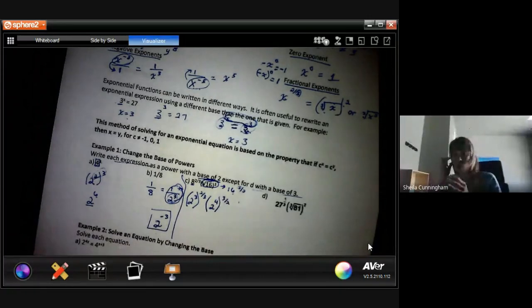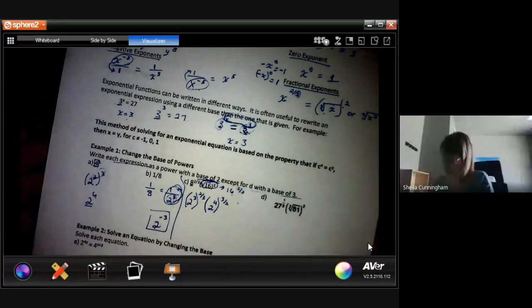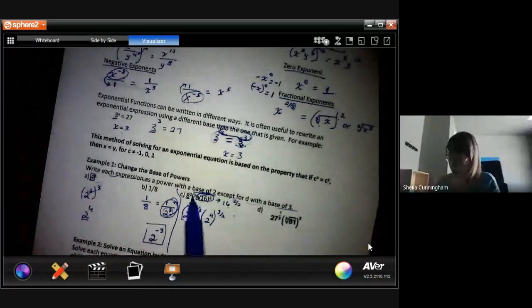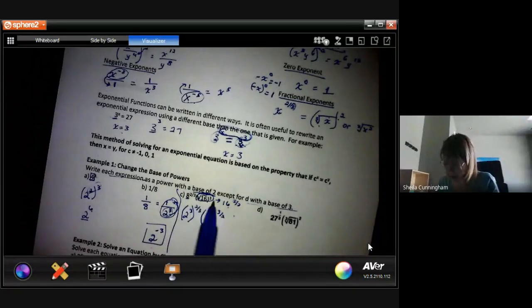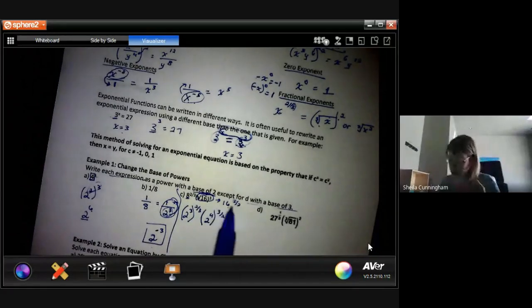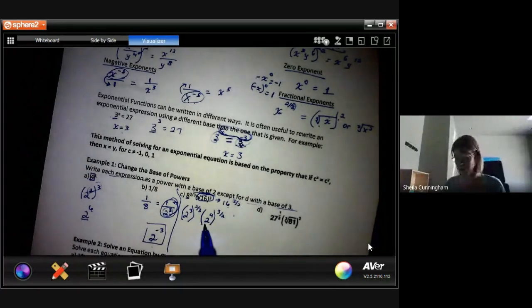Okay, so there's a lot going on in this question because I've got fractional exponents that I'm working with. I've got different bases that I've had to take a root and convert into exponential form, before then taking that base and converting it to a base of 2. It felt a little messy right off the bat.